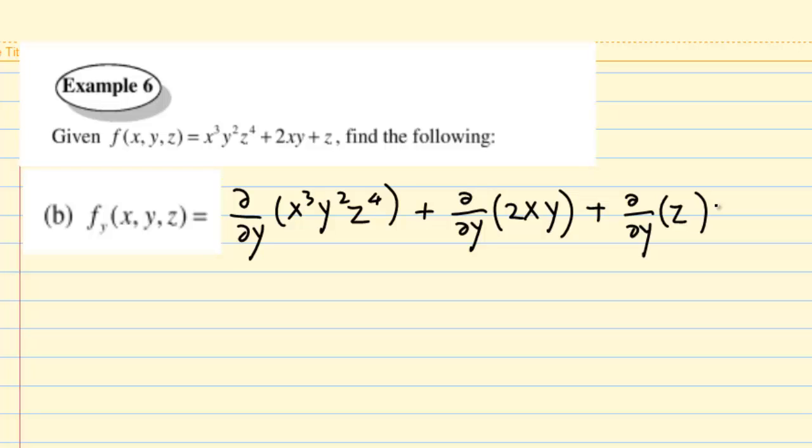Notice that as we do partial differentiation with respect to y, you treat the other independent variables x and z as constant. That means they are kept fixed.